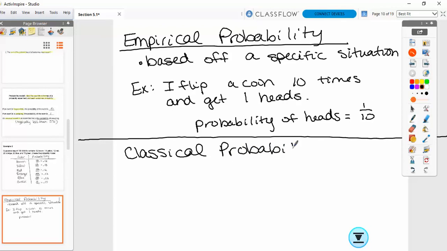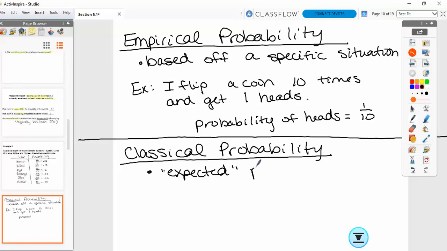Classical probability. When you look at classical on your formula sheet, it says the number of ways it can occur divided by the number of possible outcomes. So in flipping a coin, it's not based off what actually happened, it's more what I would expect. So classical probability, think of it as your expected probability.